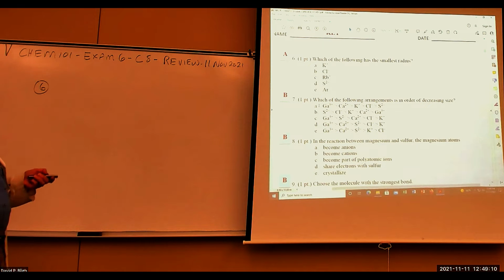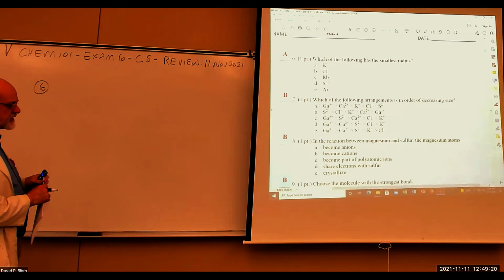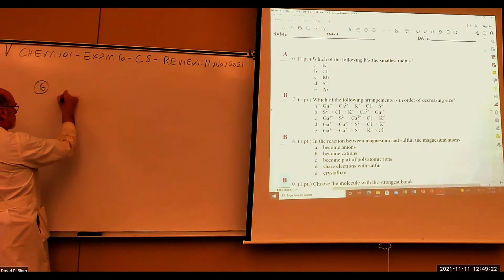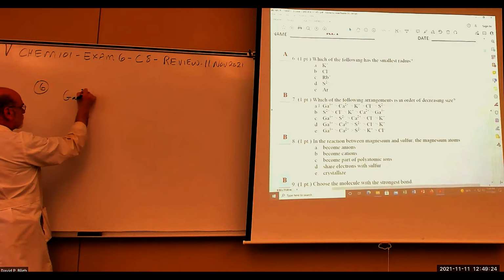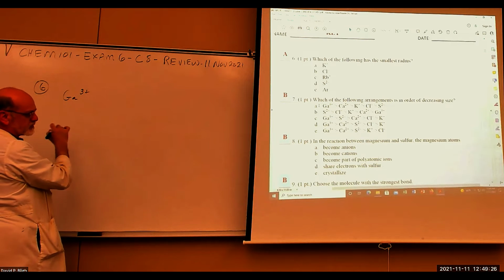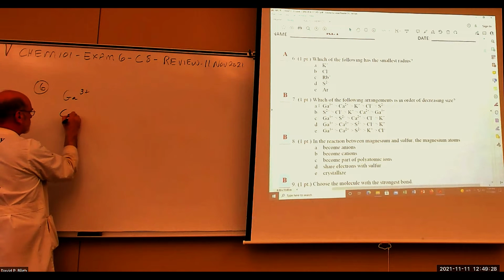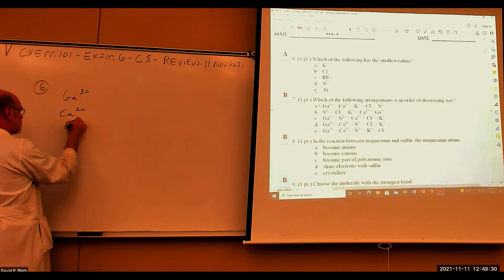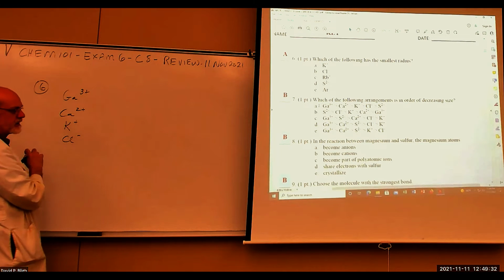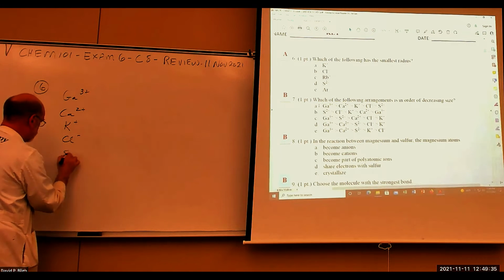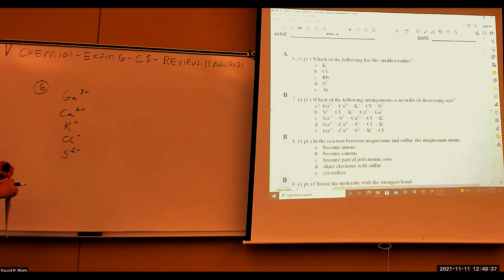Well, let's see. It looks like we have the same ions in each group. So we just need to deal with that. So let's see. We have gallium, calcium, potassium, chloride. Calcium, potassium, chloride, and sulfur ions.